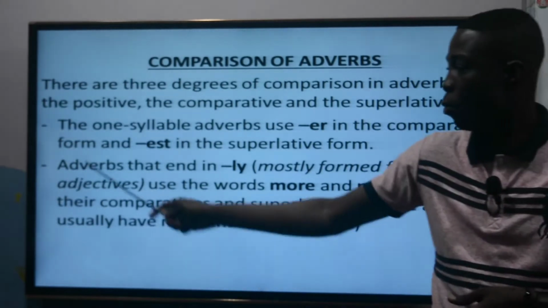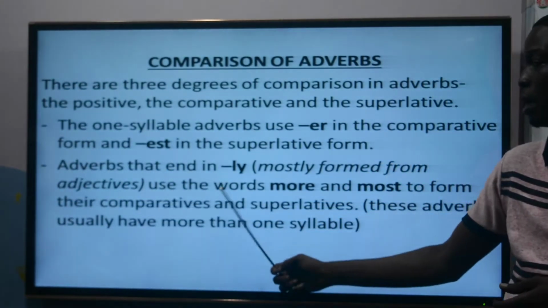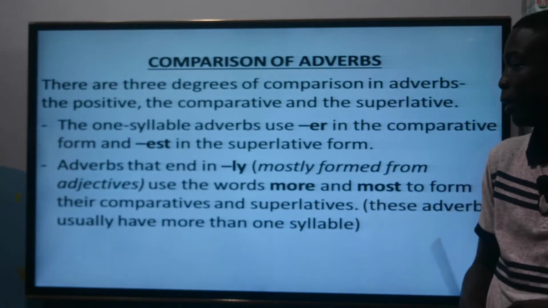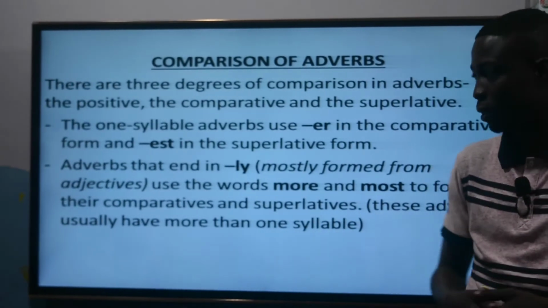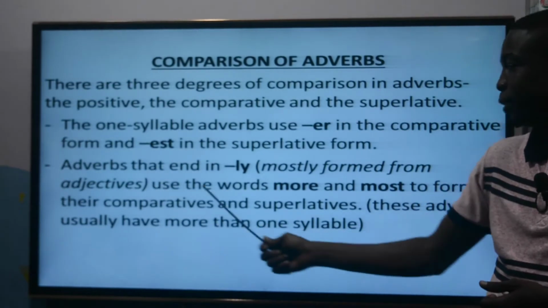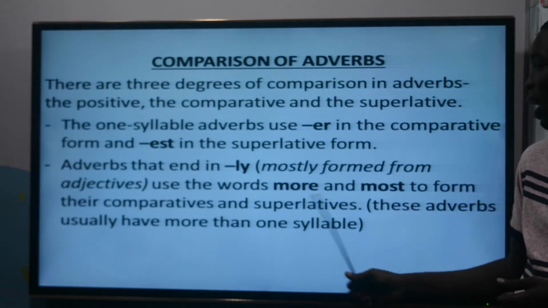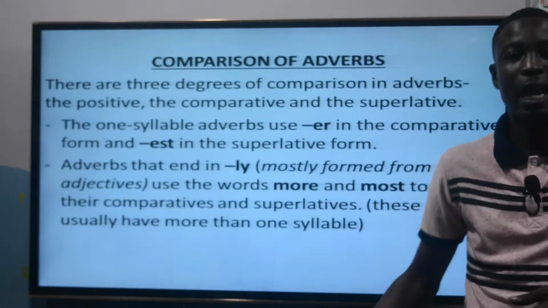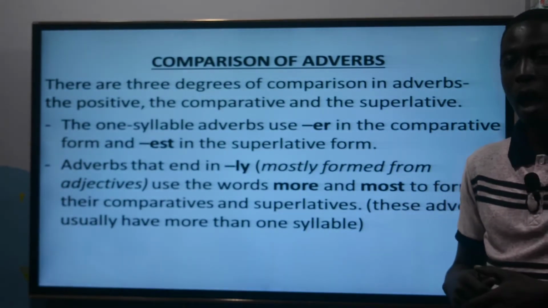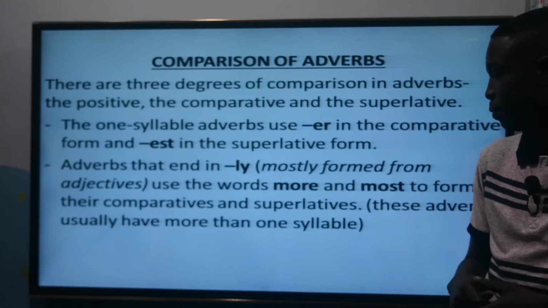And then we have adverbs that end in ly, and those adverbs are mostly formed from adjectives. So they use the words more and most to form their comparatives and superlatives, respectively.